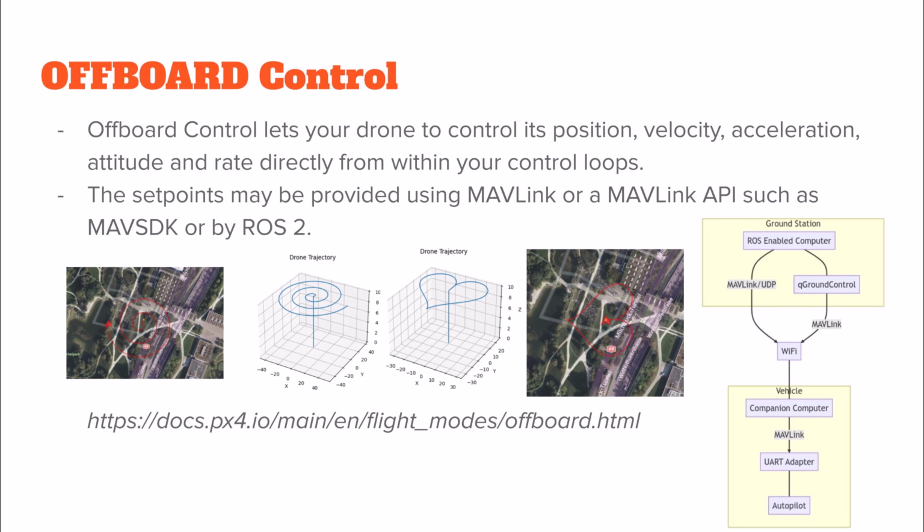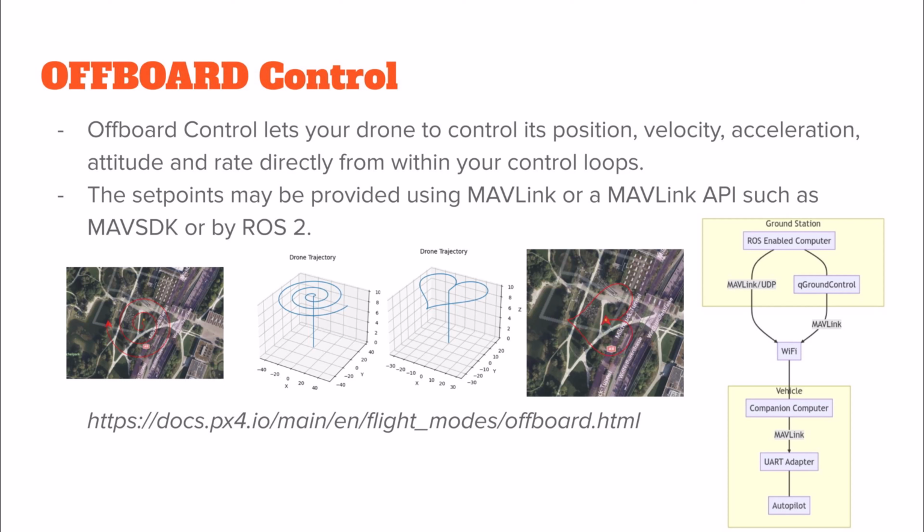So you are in full control of your drone and can control individually every parameter and every control loop inside of your controller architecture by your commands and your code.